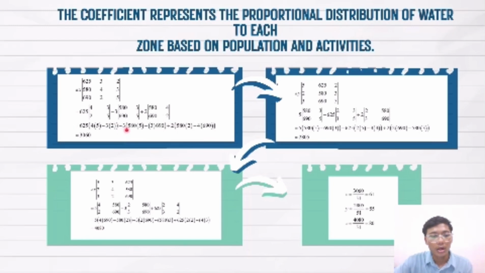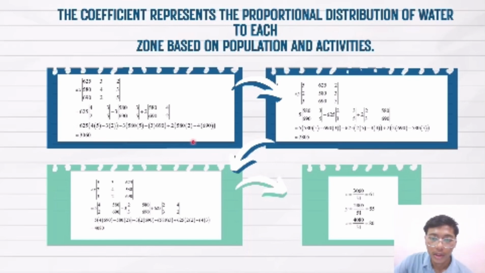Minus 3 bracket 580 multiplied by 5 and minus 3 multiplied by 690, and then we close the bracket. And then we plus 2 bracket 580 multiplied by 2 minus 4 multiplied by 690, and then we close the bracket. So this number we insert in this calculator and then we will get for the determinant x is 3060.